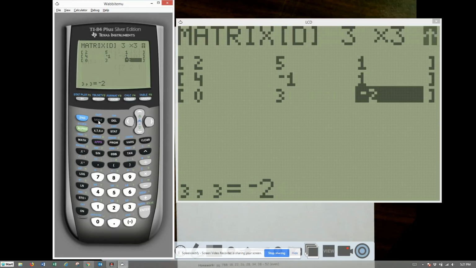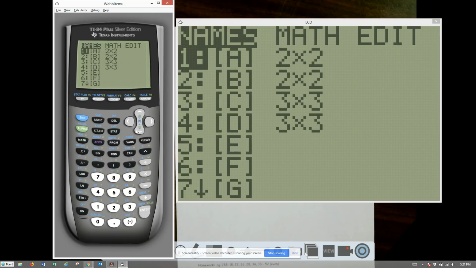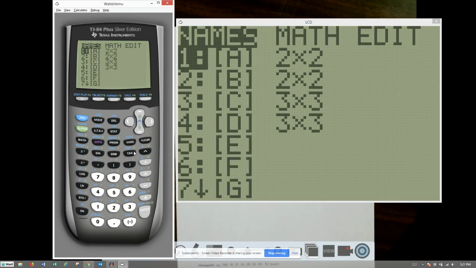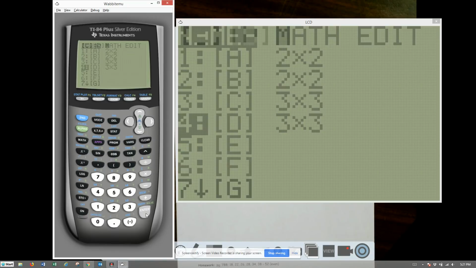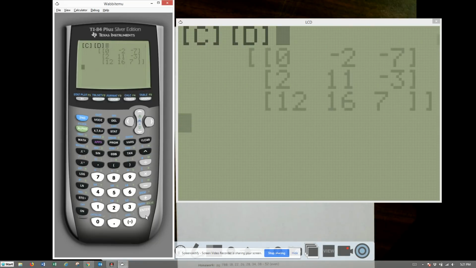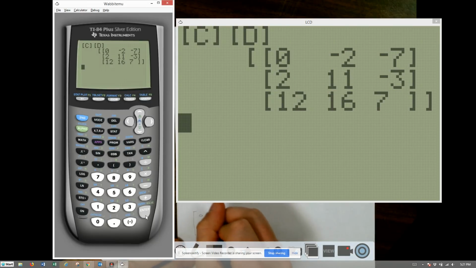Now that everything's in there, quit out of there, clear my screen, and I can multiply matrix C times matrix D. So there we go, and we get the answer 0, -2, -7, 2, 11, -3, 12, 16, 7.